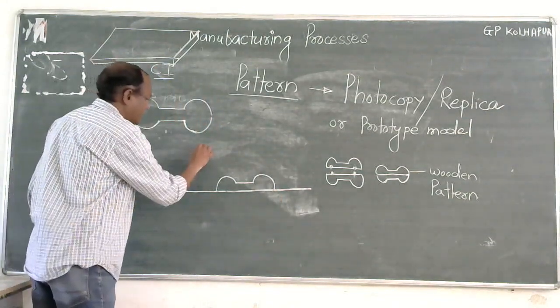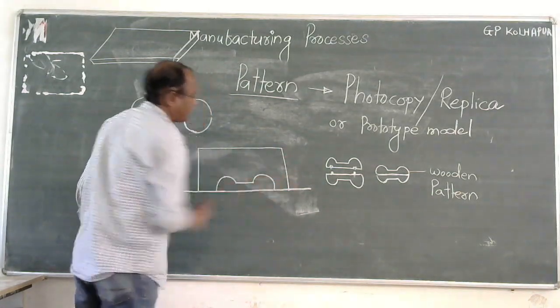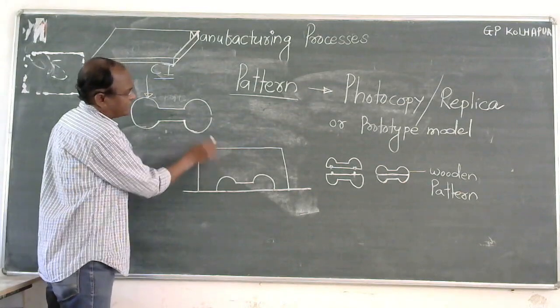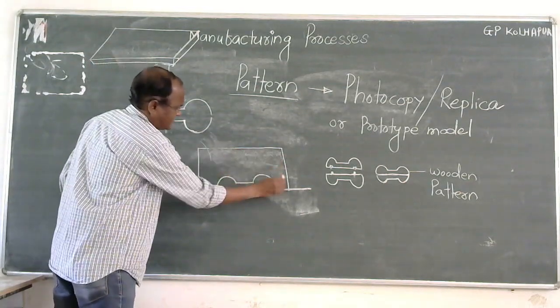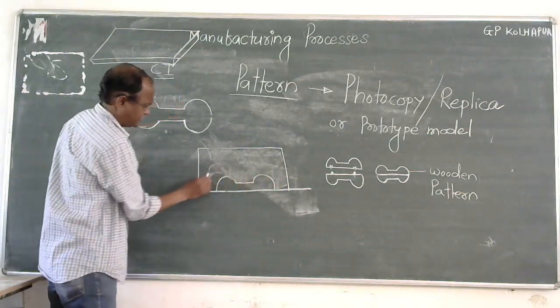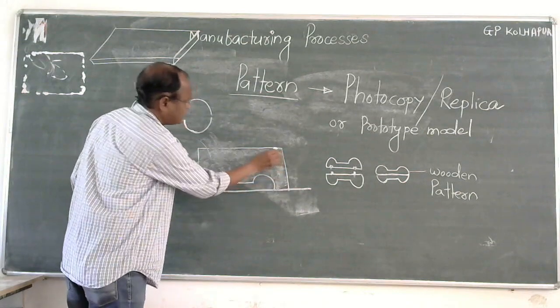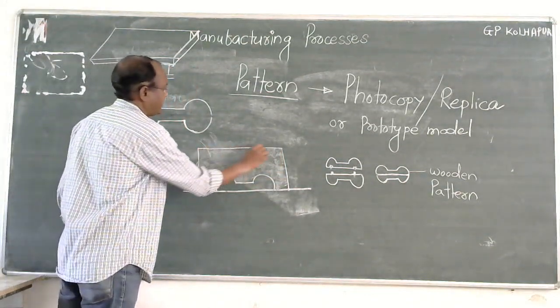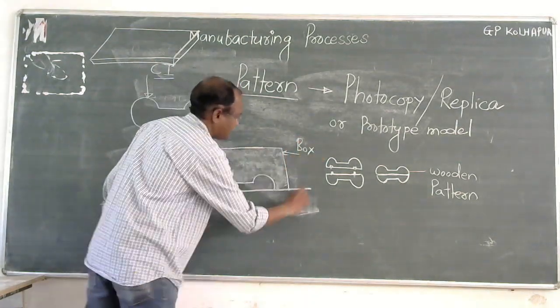Again place that rectangular box on this. Now through the opening pour the sand around this pattern, and you press it. That is called ramming. This is the box. This is the match plate.